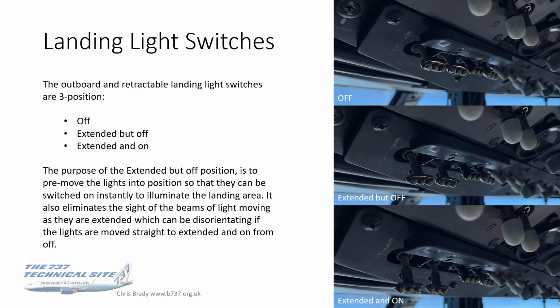And why you would do that rather than just going straight from off to on is because the lights have to physically move from a retracted position to an extended position.